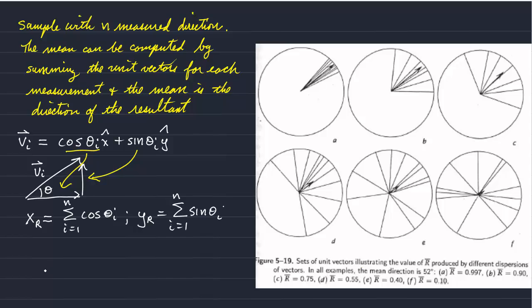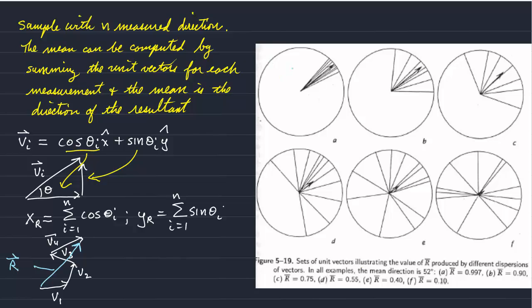So you can imagine if we have a vector that goes like that, and then another vector, so that's v1, another vector v2 that goes like that, and so forth. Then of course the resultant is the vector sum of that. And I'll just call that big R with an arrow on top to denote that as a vector.